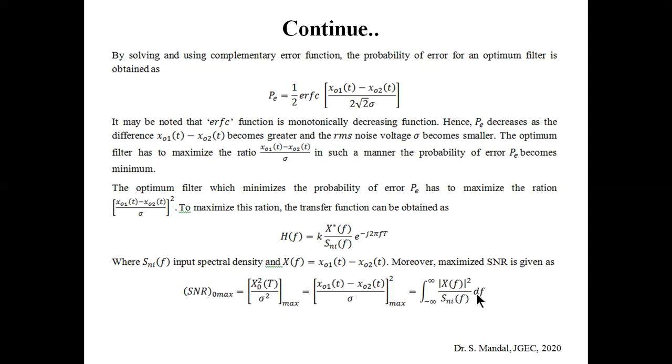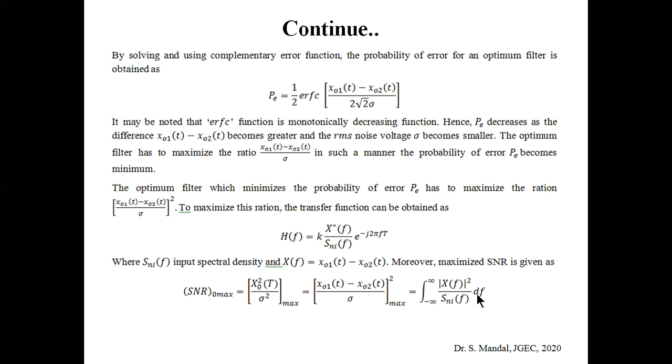Okay, that is the complex conjugate X star f, where Sn(f) is the input spectral density and X(f) equals X01(t) minus X02(t). Moreover, the maximized SNR can be written as the value of X0 square(t) divided by sigma square, at its maximum value.